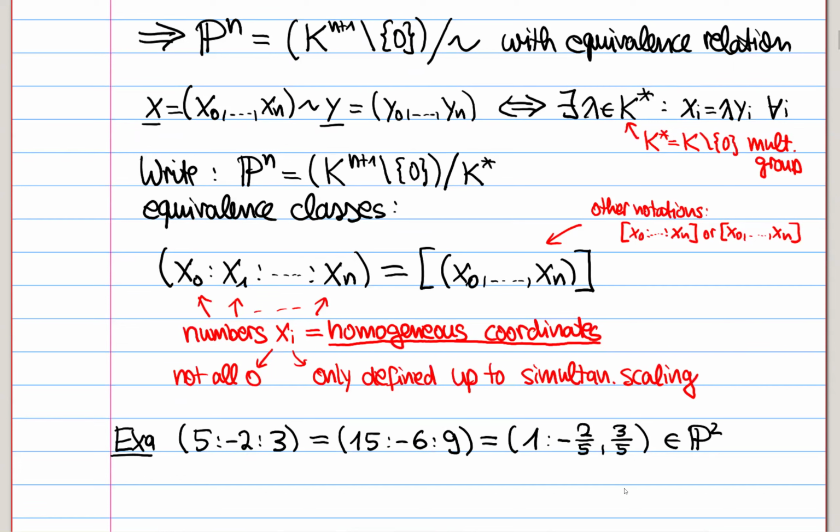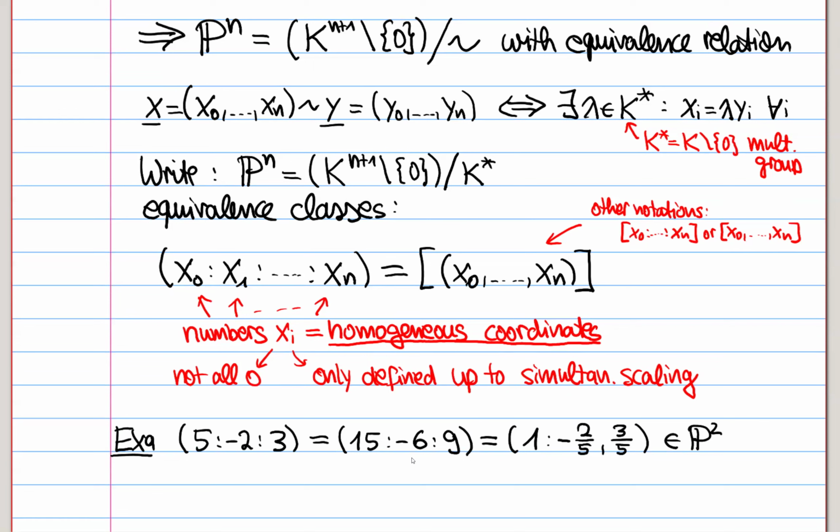And what I meant here by the ratios being conserved is that if you divide 5 by minus 2, you get minus 5 over 2. And if you divide 15 by minus 6, then you also get minus 5 over 2. And the reason is, of course, in this quotient, if you multiply both of them by the same number, then taking the quotient removes that number again.